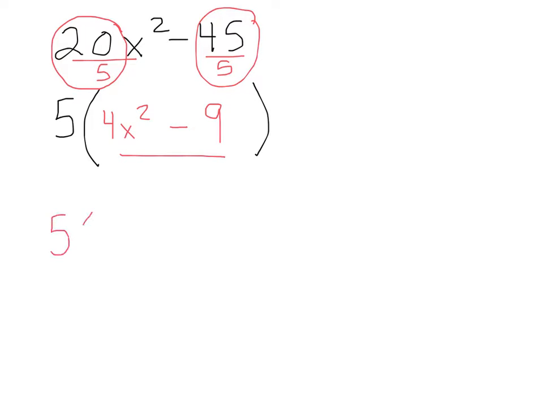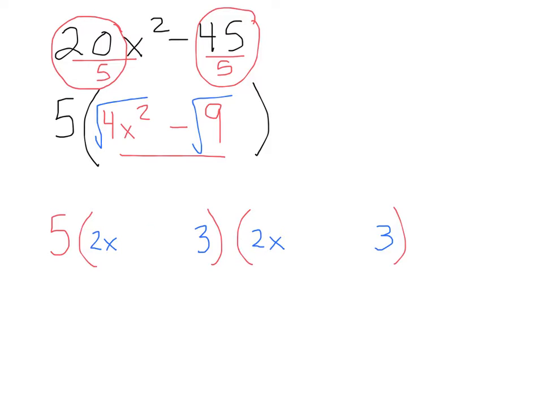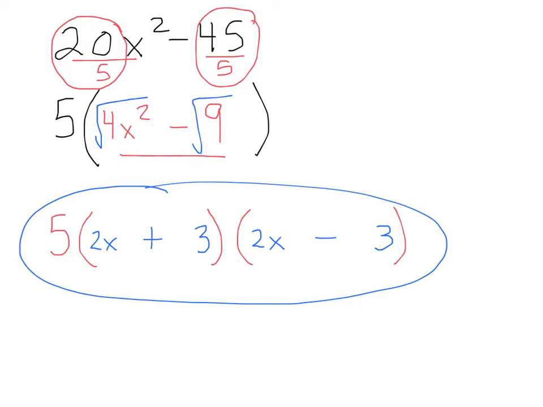I've got 5 times, and I'm going to make 2 sets of what? And what's the square root of 4x squared? I'm going to put 2x here, and I'm going to put 2x here. And what's the square root of 9? I'll put a 3 there, and a 3 there, and then I'll go plus, minus. This right here is your original problem completely factored.